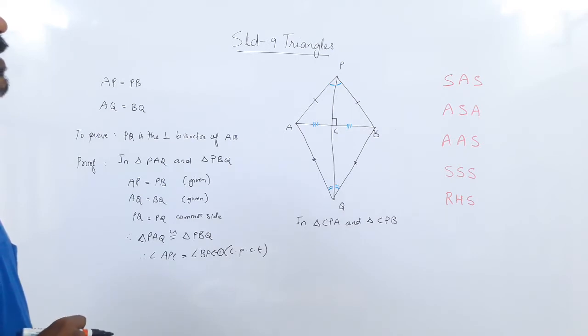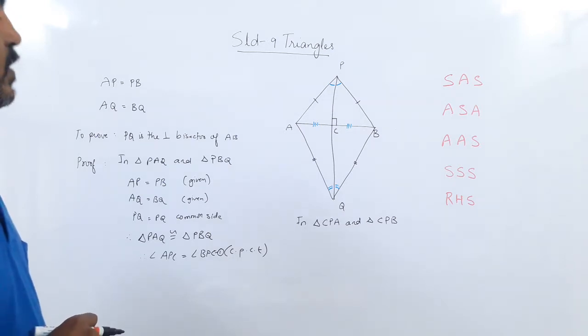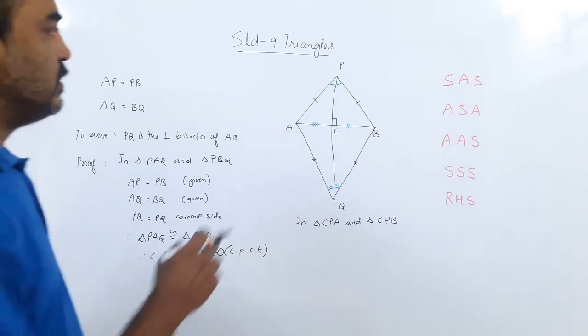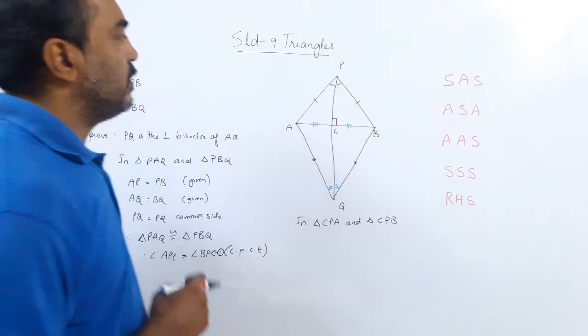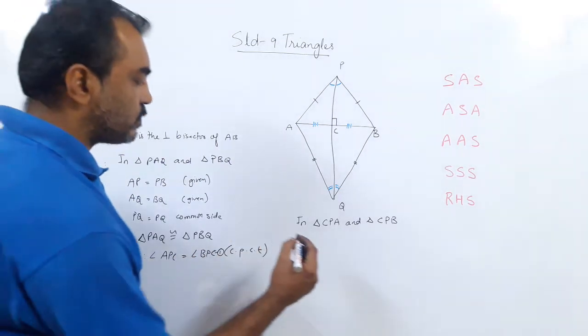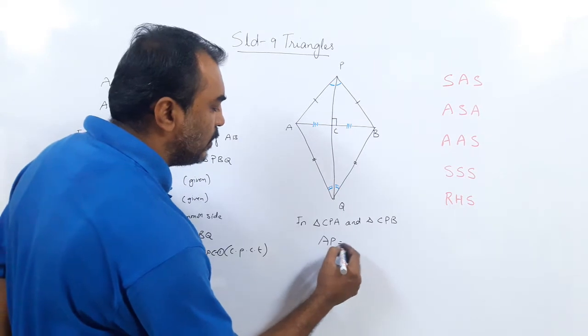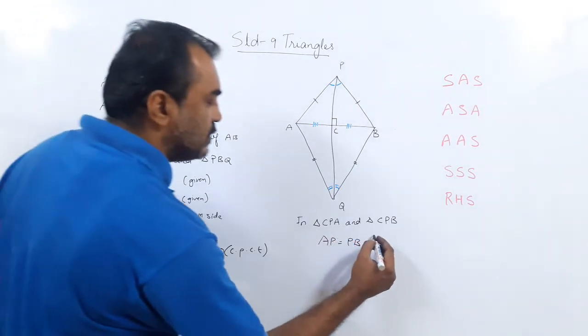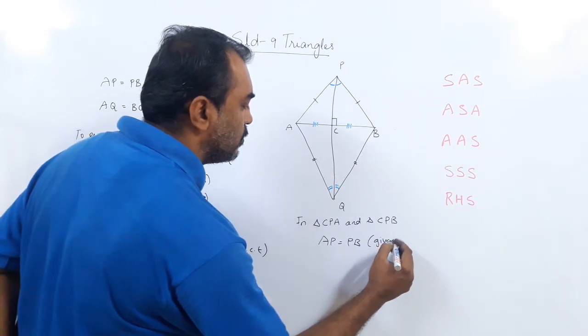Can you give me any hint here? Now we showed that this angle and this angle are equal. Does it get our work done? Let us see. We have AP equal to PB, which is given to us. Very good.